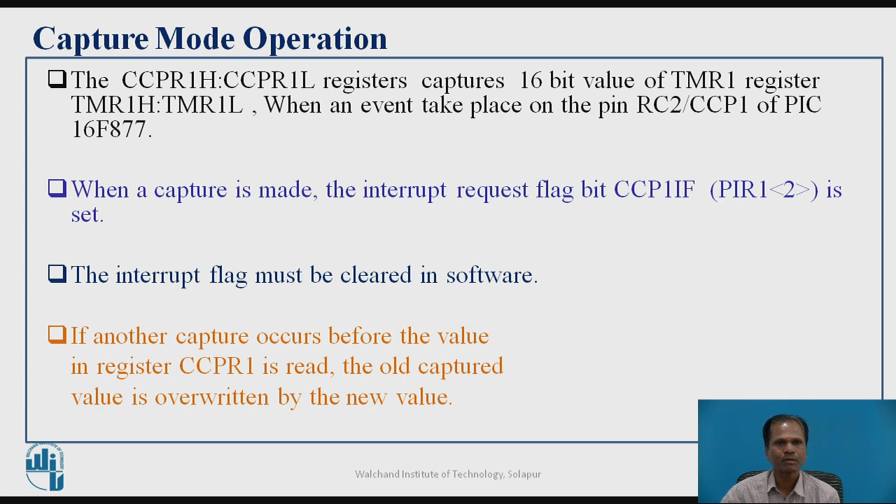The internal programmable registers of CCP module, CCPR1H and CCPR1L, together 16-bit registers, capture the 16-bit value of timer 1 register, TMR1H and TMR1L. So the 16-bit value from timer 1 register is transferred to CCP register CCPR1 when an event takes place on the input pin for CCP module, pin RC2/CCP1 of PIC 16F877.